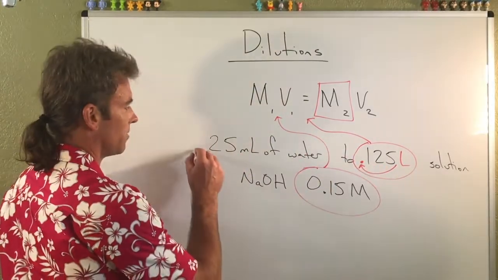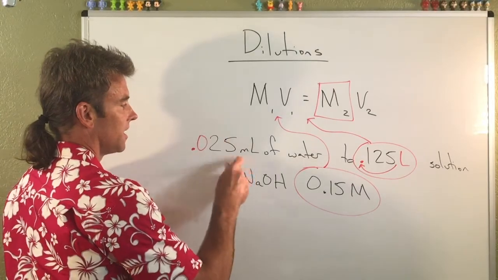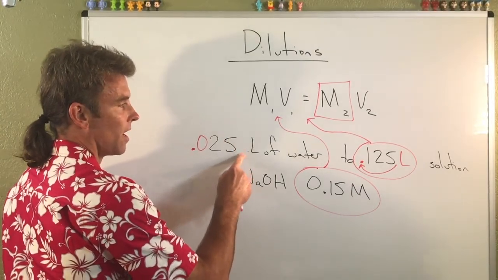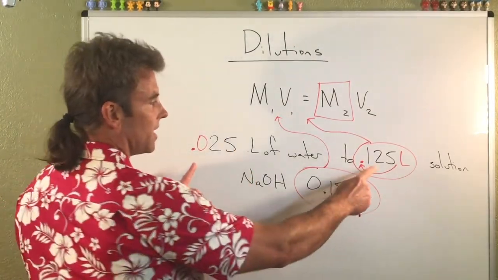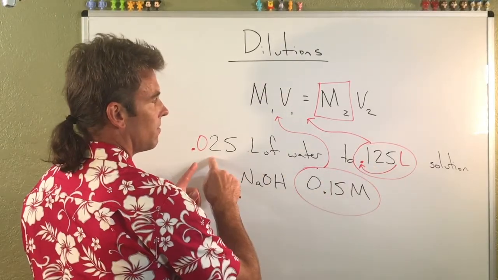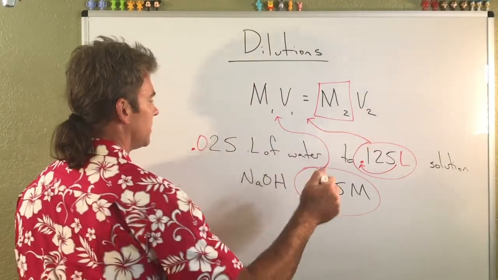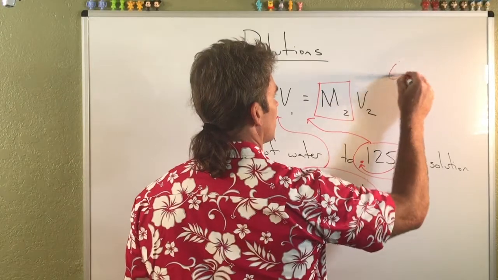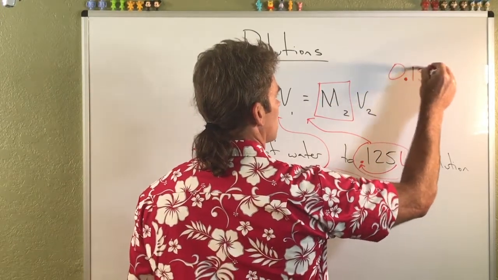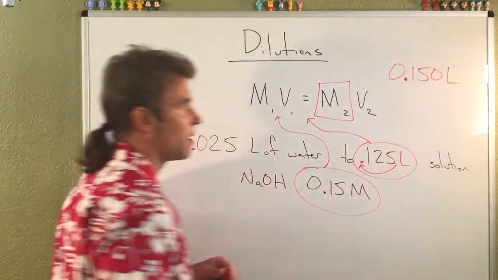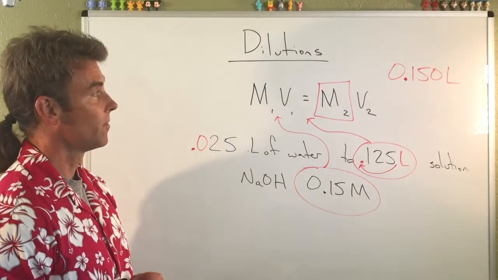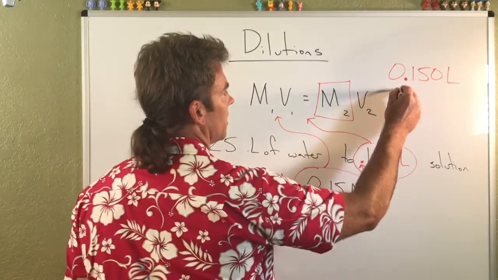And so this one really should be this. So I'm going to take these two values, and what I'm going to plug in here is actually going to be that 0.15 liters, right? And so that's what I'll plug in right here.